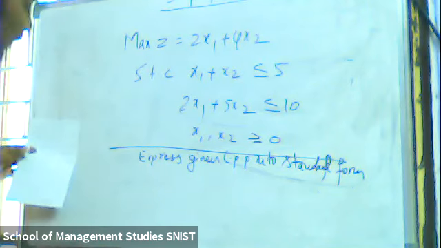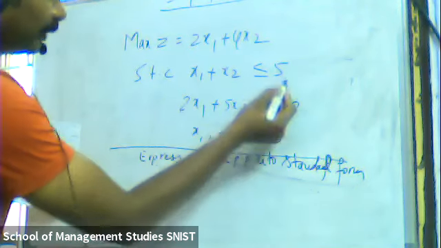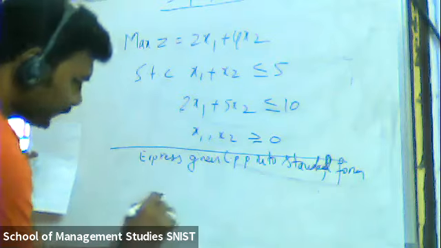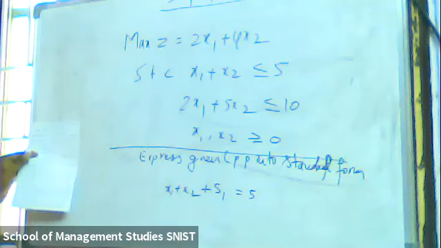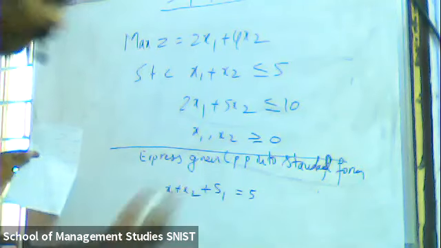Now, can any one of you tell me, to make an inequality into an equality, what do I need to do here? x1 plus x2 plus s1 equals 5. Why did I write this s1?